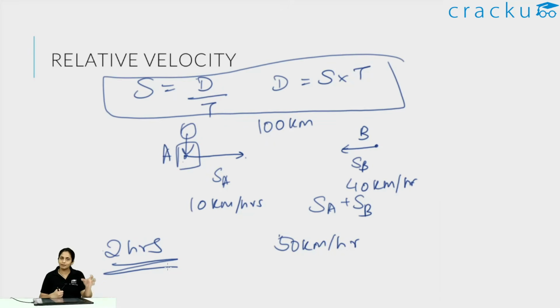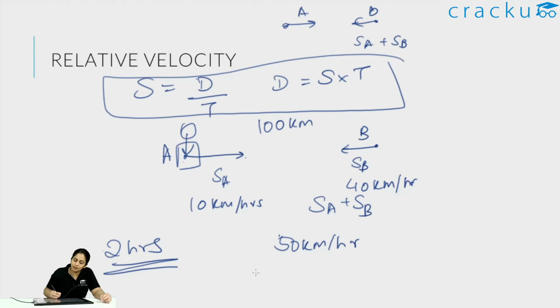So basically remember the concept of relative velocity. When two objects are moving towards each other, you add the velocities. So if A and B are moving towards each other, the speed of B with respect to A is SA plus SB.